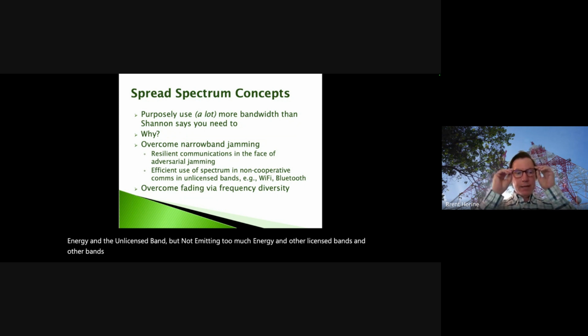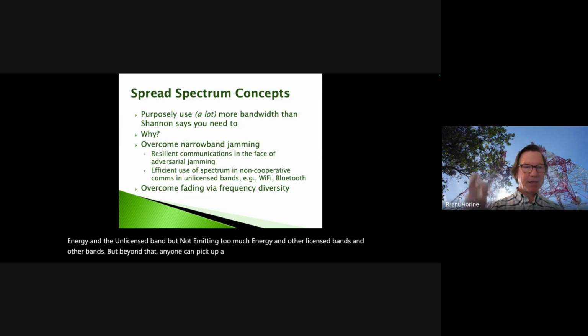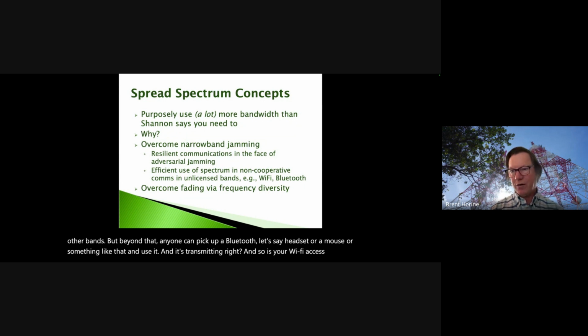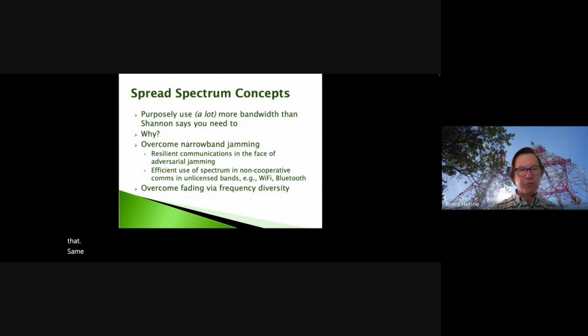But beyond that, anyone can pick up a Bluetooth, let's say a headset or a mouse or something like that, and use it, and it's transmitting, right? And so is your Wi-Fi access point. You might have a smart home and have a bunch of Zigbee radios around. These are all operating in that same frequency band, the 2.45 gigahertz.